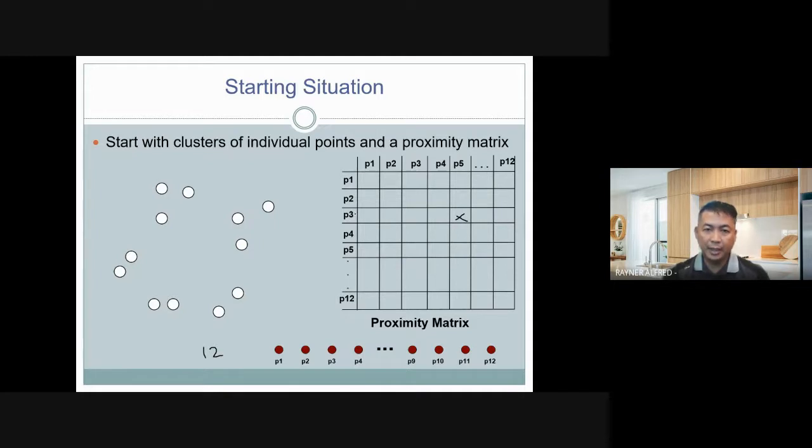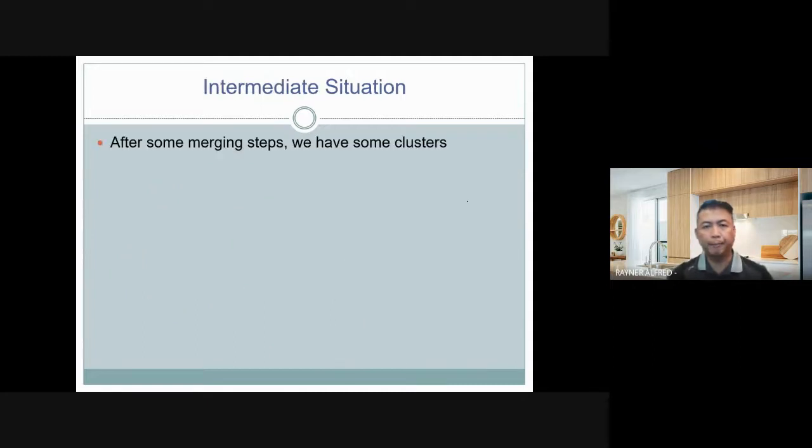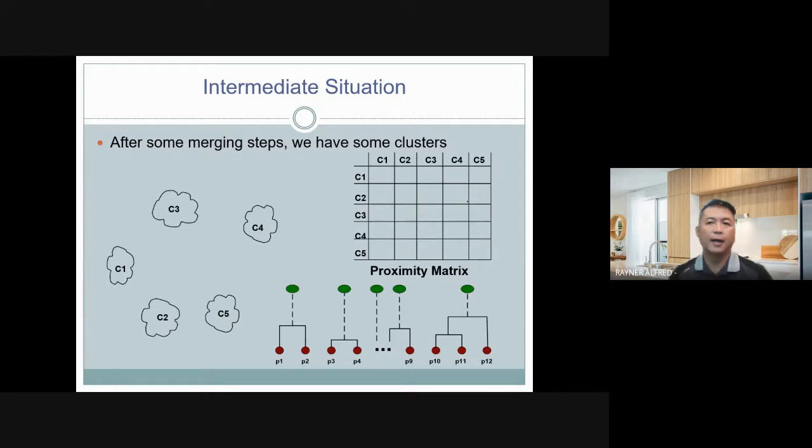Okay, so for example, let's suppose we find that the smallest value in this distance matrix is this one. That means we will need to combine P3 and P5. So P3 and P5 will be here. So they will be combined. It depends on the proximity matrix or the distance matrix. Let's suppose we have this, after a few iterations.